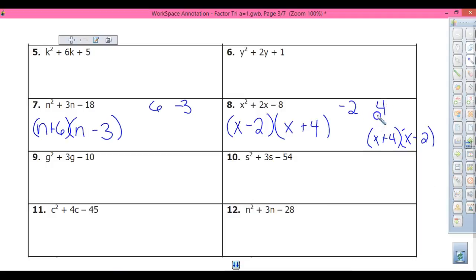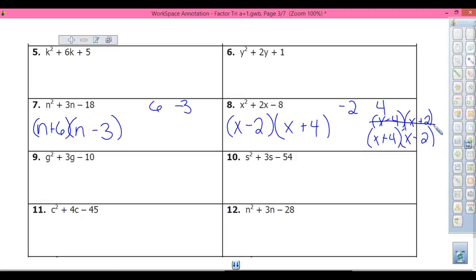Would it be wrong if you wrote it as x minus 4 and x plus 2? Yeah. Why? Because now if I take negative 4 and a positive 2, I end up with a negative 2. So this one can't work because I get a different middle term.